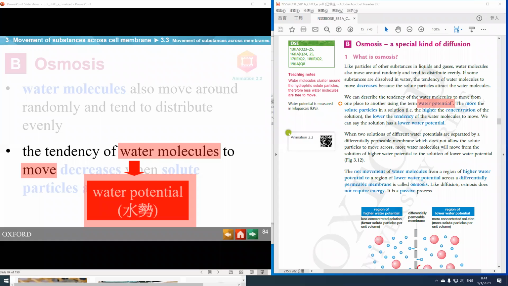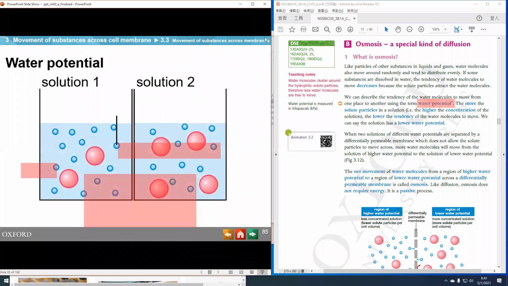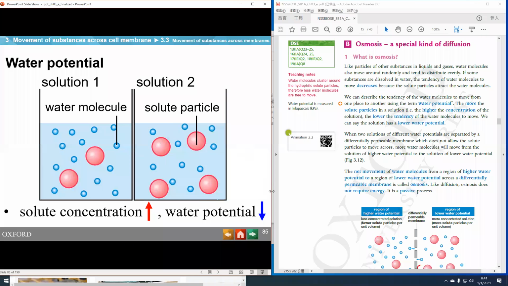Okay, so 你見到有兩個樽啦，係咪？兩個樽。 The blue dots, the blue bubbles are water molecules. The pink bubbles are solute particles.